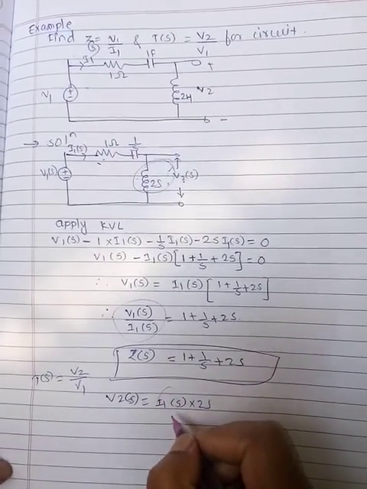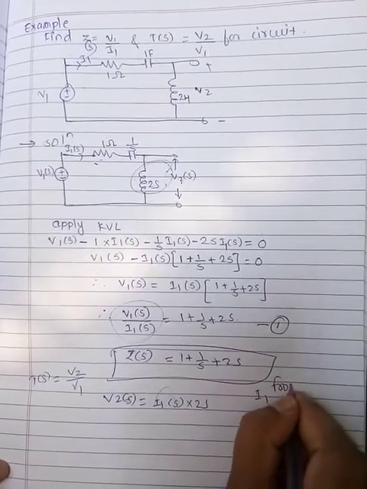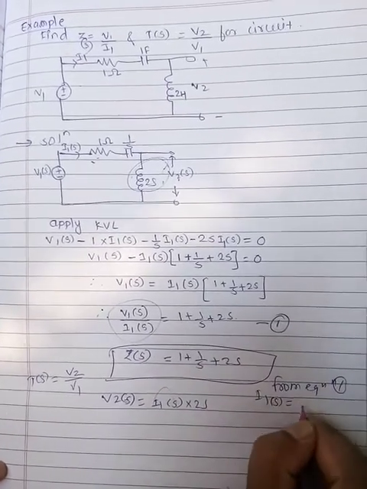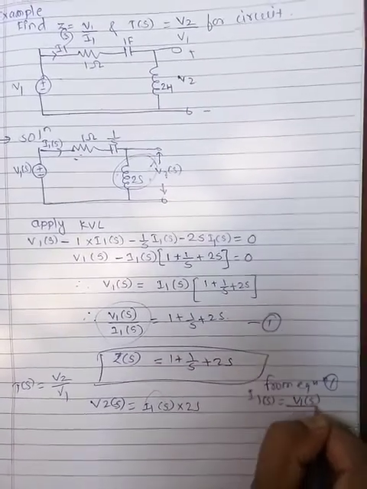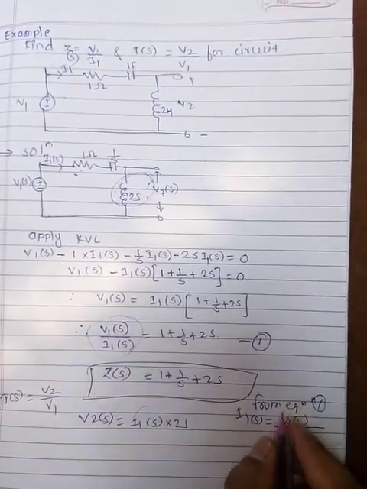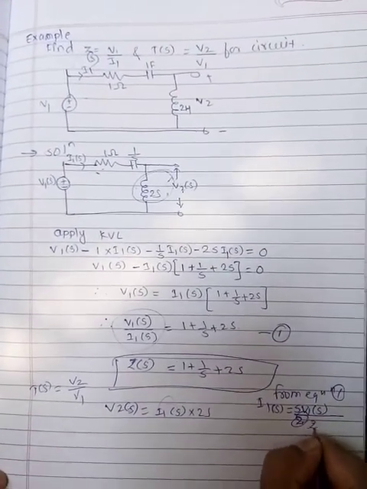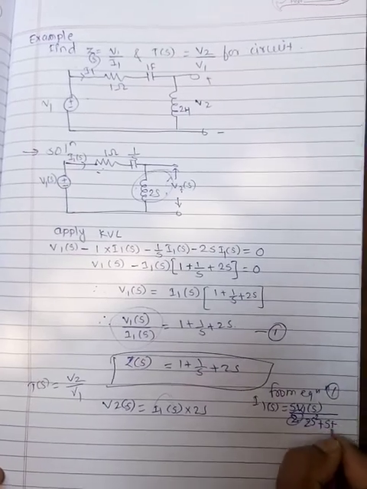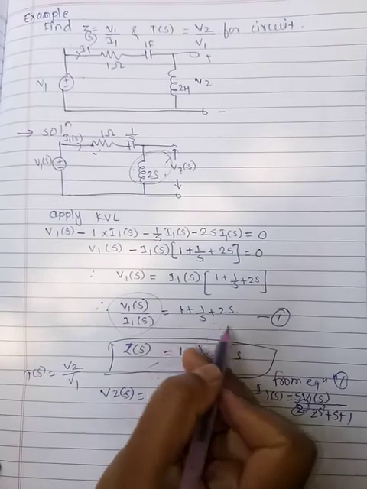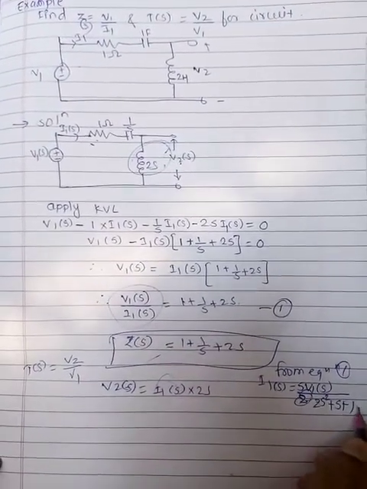To find the value of I1 from equation 1, I1(s) is equal to V1(s) upon (1 plus 1/s plus 2s). After simplification by cross multiplication, you will get s upon (2s squared plus s plus 1).